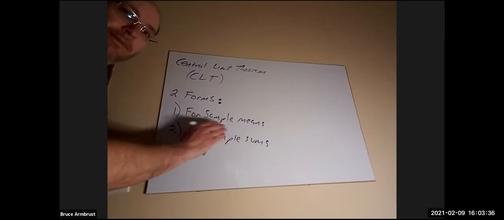And so we would get the total height of these 25 adult males. Okay, but it's always for the samples. We're not talking about the mean of the population. No, we're talking about the sample mean. We're not talking about the sum of the results for the population. It's for the sample. All right, so this is the two different forms.